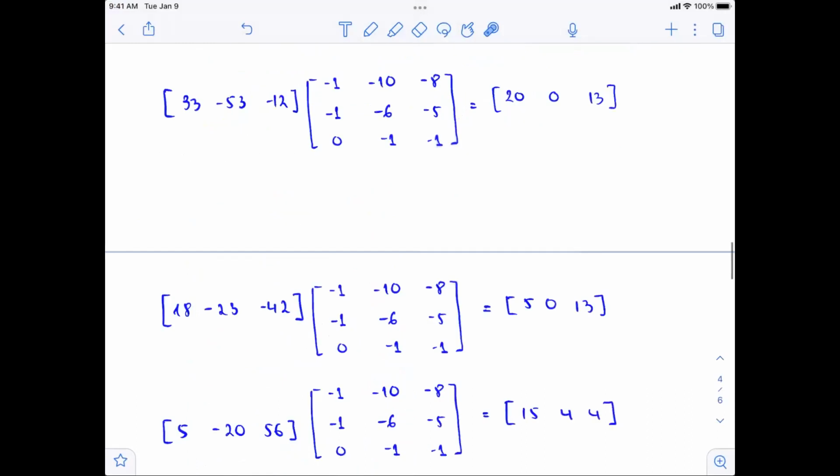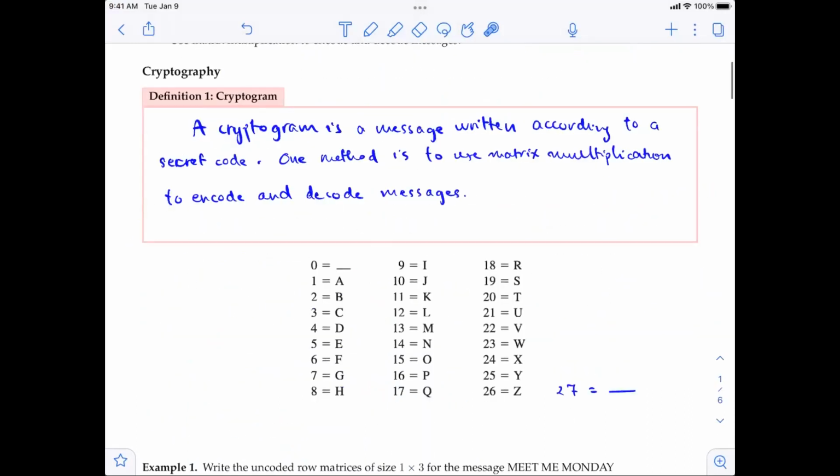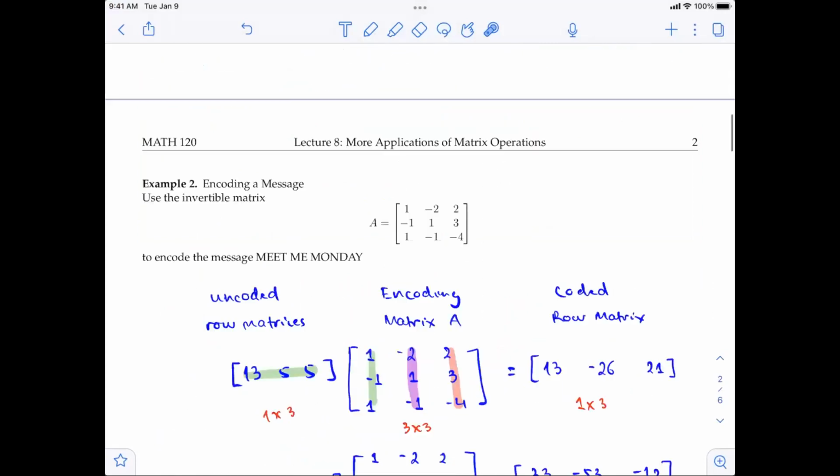Now you go back to the beginning and look at this alphabetical table, and you find a one-to-one correspondence between letters and numbers.